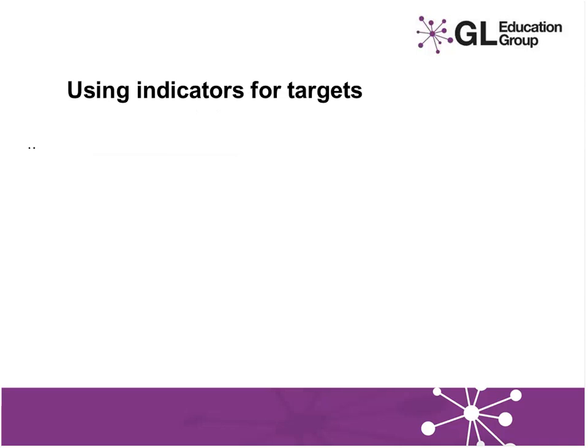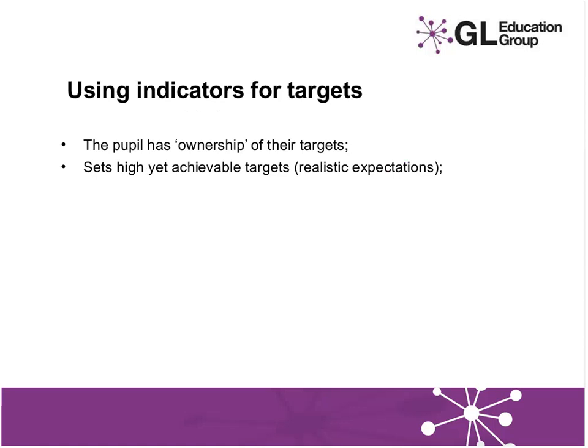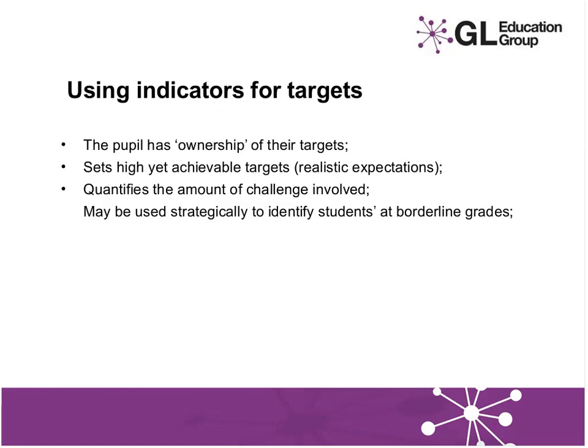Using indicators for targets has a number of benefits. The pupil has ownership of their targets, sets high, so challenging but achievable targets, so they're realistic. The data is based on something very concrete, very robust data, so they're realistic. It quantifies the amount of challenge involved, and might be used strategically to identify students at borderline grades that you particularly want to target.